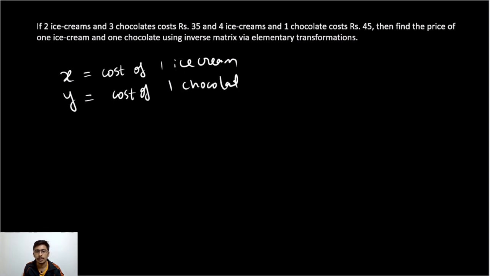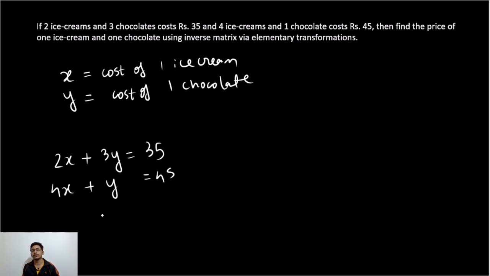So what is the first equation? We have two ice creams, so 2x plus 3y is 35. This is our first equation. And the second equation says we have 4 ice creams and 1 chocolate, so 4x plus y is 45. So these are the two equations that we have.